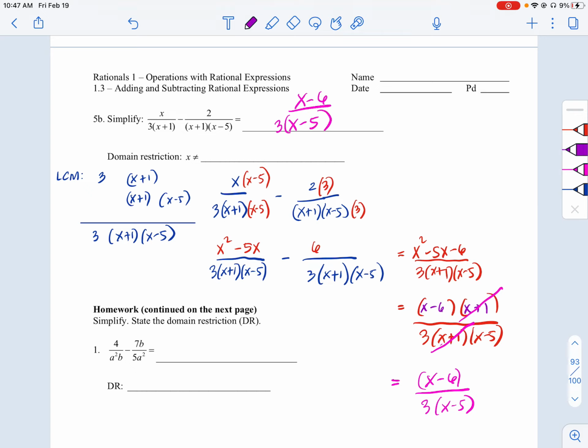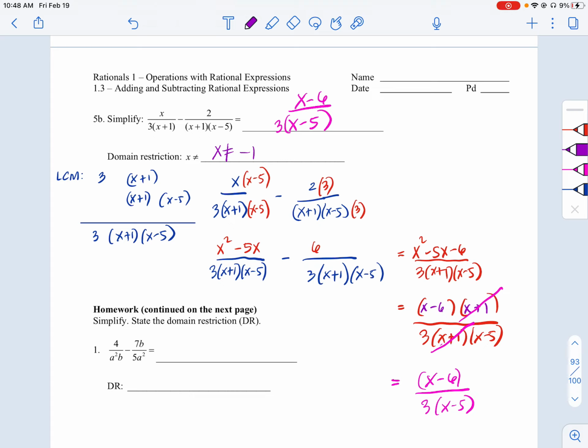Okay, domain restriction. Domain restriction is we need to make sure that the bottom cannot be 0. So what x value will I plug in there to make the whole thing 0? It's the opposite of it, right? So in order for that to become 0, if that x is a negative 1, then the whole thing will be 0.